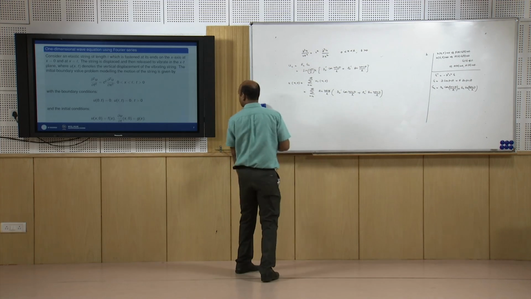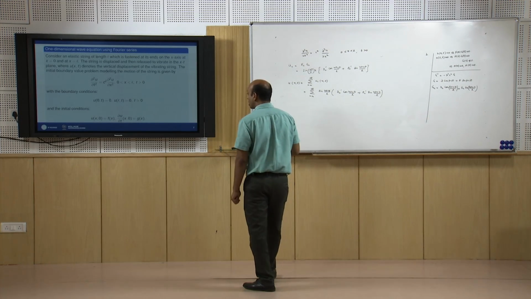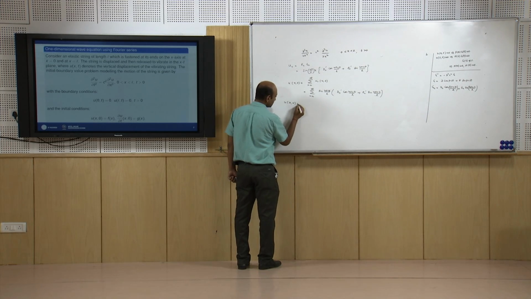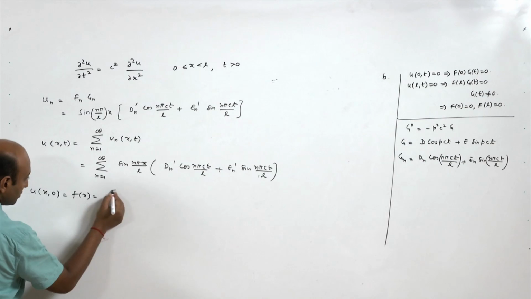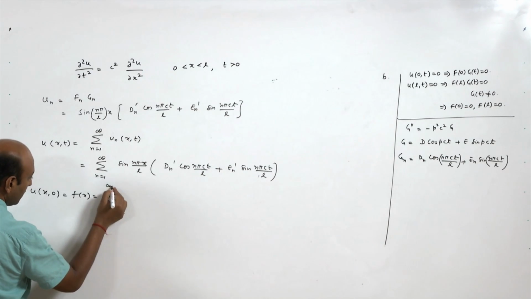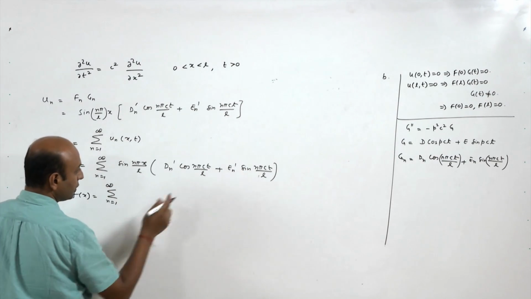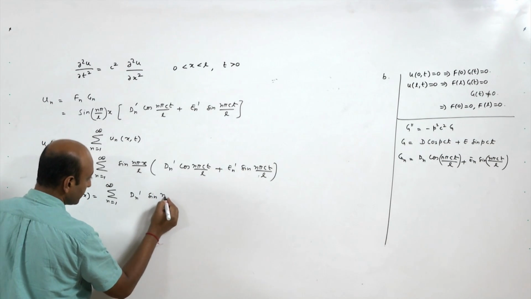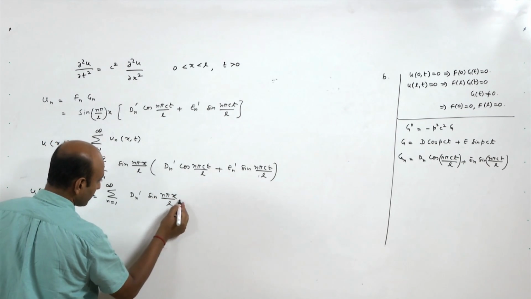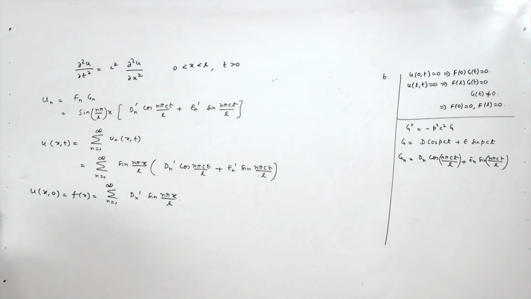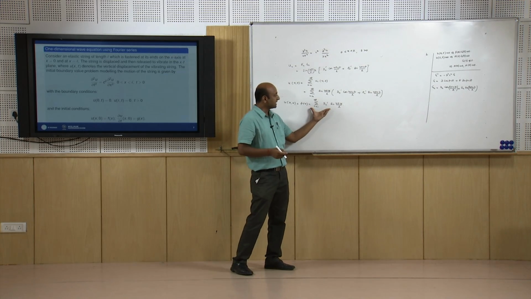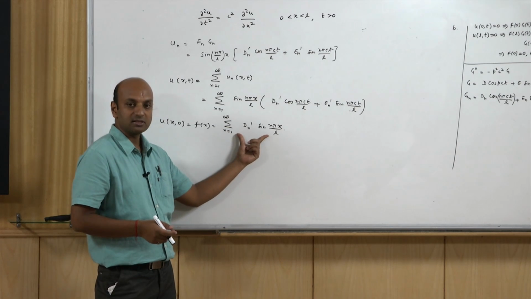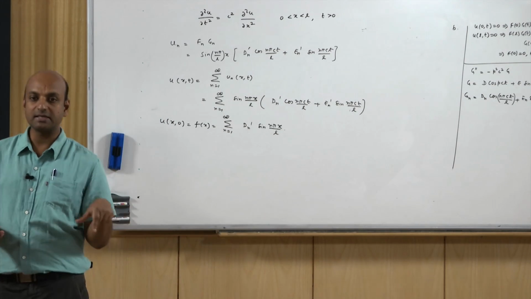Now, let us apply initial conditions. u(x,0) is f(x), which is equal to summation n from 1 to infinity. When you substitute t equal to 0, we get back to this expression. Now this is nothing but a Fourier sine series, a half range Fourier sine series.